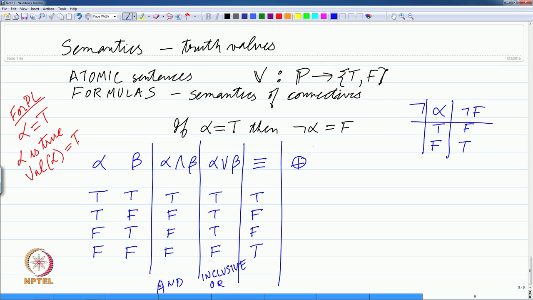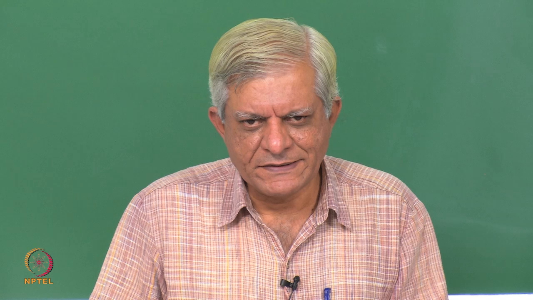The exact opposite of this is the symbol of XOR or exclusive OR, which is true only when they are both different, and it is false otherwise. So, you can see that between XOR and this equivalence, they are the complement of each other essentially.